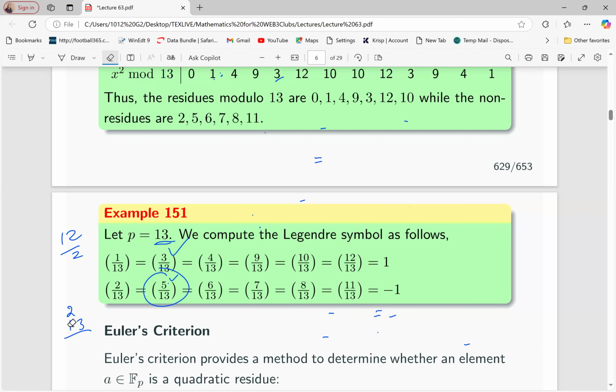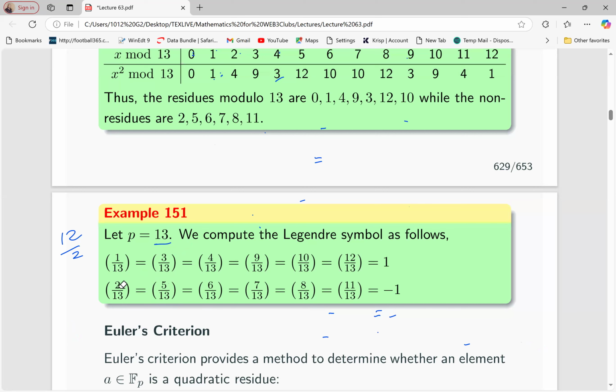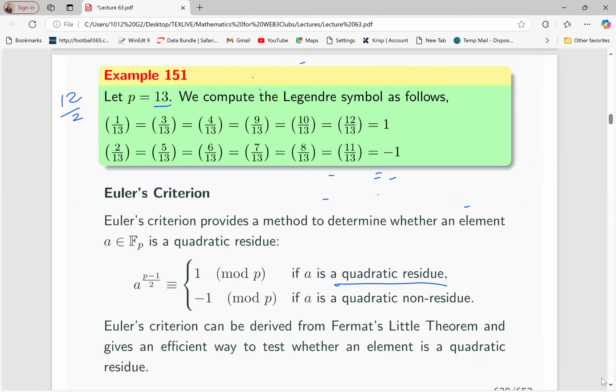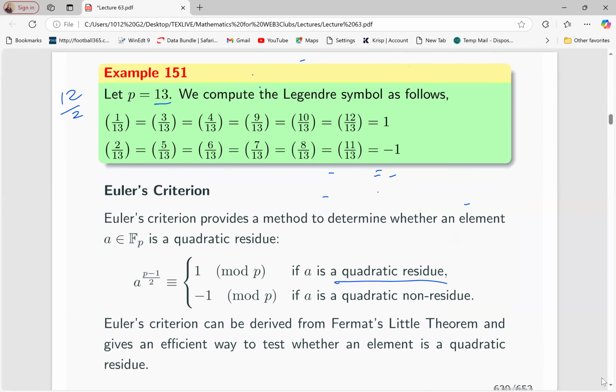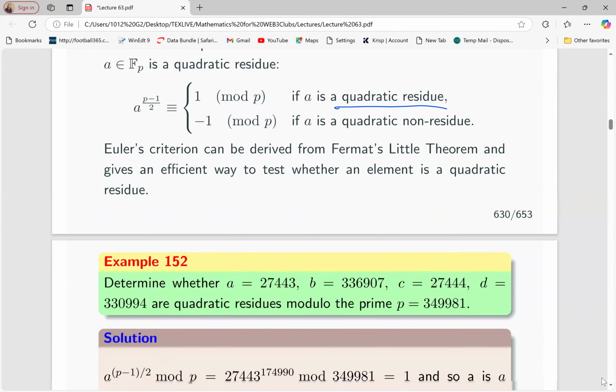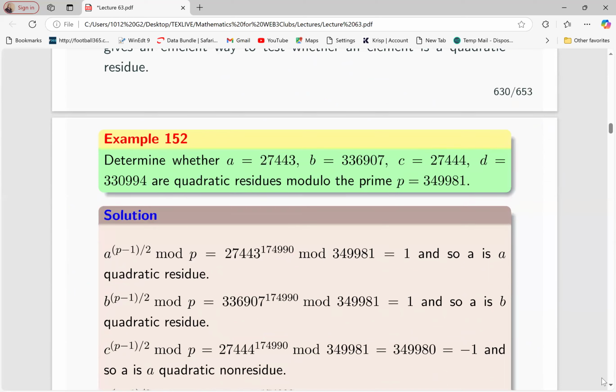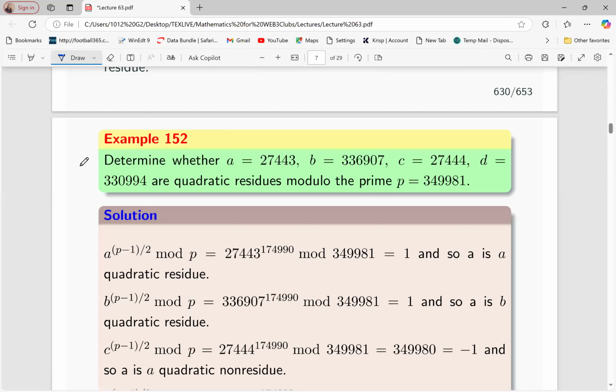That is our point of interest, but the square root itself is not our problem. So we use Euler's criterion to determine if it has a square root. Now, you see, we can tackle even bigger values to determine whether this number, and this number, and this number are quadratic residues mod this.